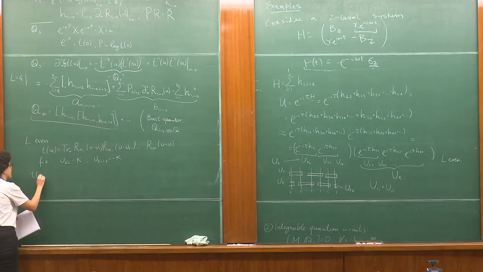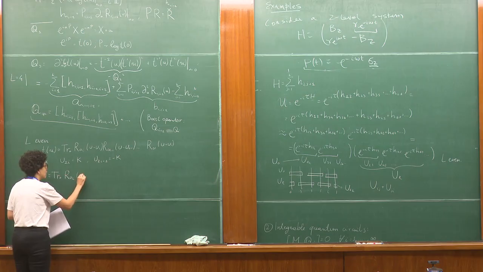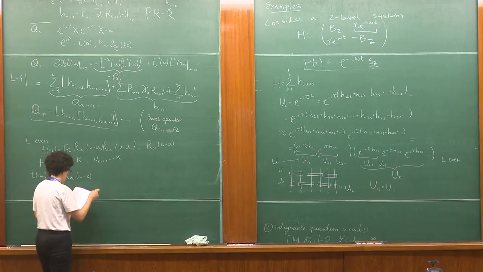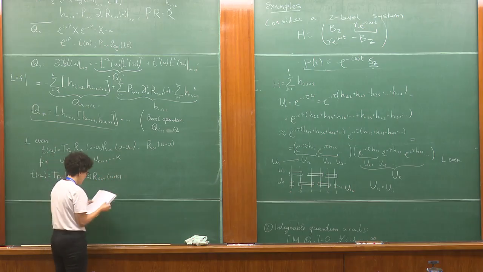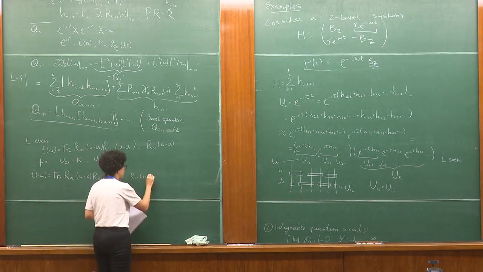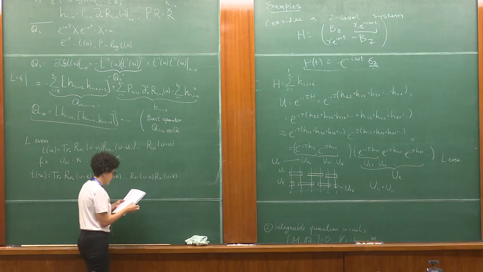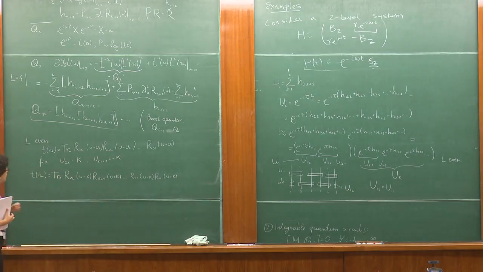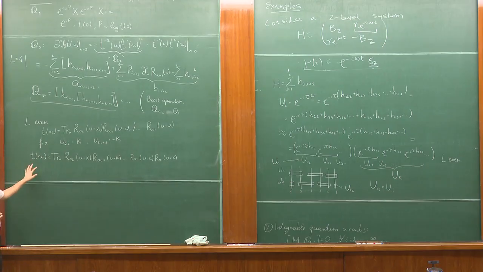T(U) is then the trace over 0 of R_0L(U minus kappa) R_0,L-1(U plus kappa) up to R_02(U minus kappa) R_01(U plus kappa). Okay, so this is just a definition, and from what we saw yesterday, T(U) and T(V) always commute.